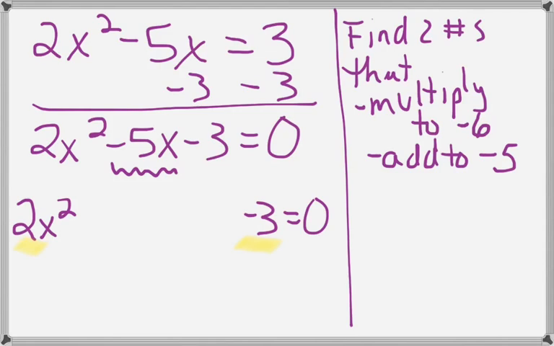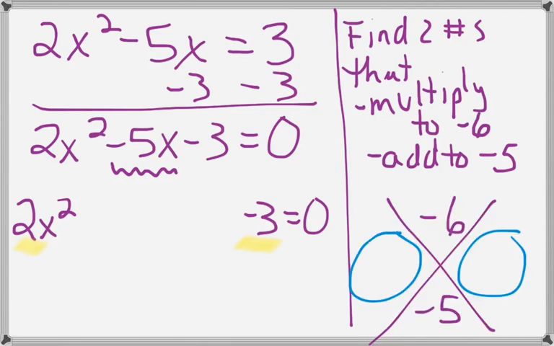So, two numbers that multiply to negative 6 add to negative 5. So if you think about that, that would be negative 6 and positive 1. Right? If we multiply those two numbers, we get negative 6, and if we add them, we get negative 5.